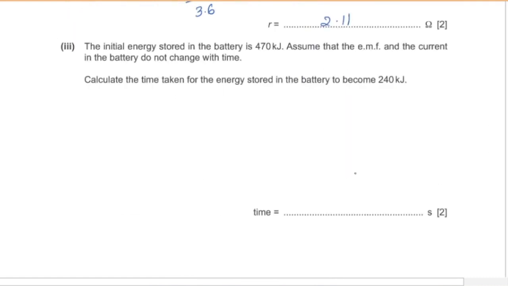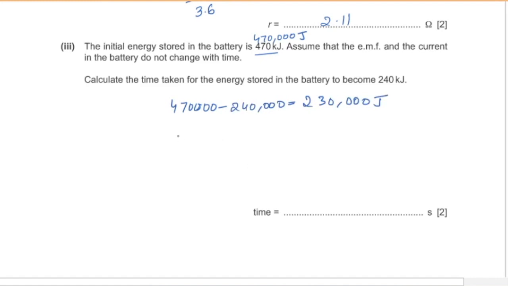Part 3, the initial energy stored in the battery is 470 kilojoules. So this is equal to 470,000 joules of energy stored at time t equals 0 in the battery. Assume that the EMF and the current in the battery do not change with time. Calculate the time taken for the energy stored in the battery to become 240 kilojoules. Okay, so to release 470,000 minus 240,000, which is equal to 230,000 joules of energy.